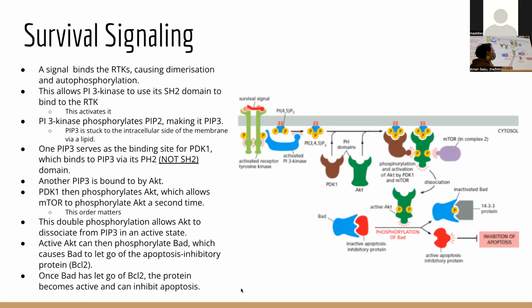AKT itself is also a kinase. When it's active, it phosphorylates BAD. BAD is a protein in your cell. Its role is sequestration of BCL2.